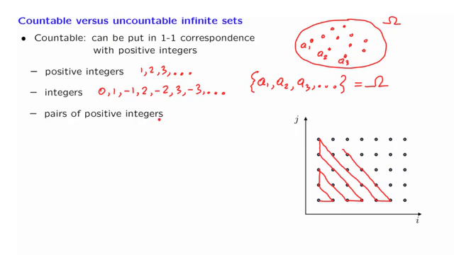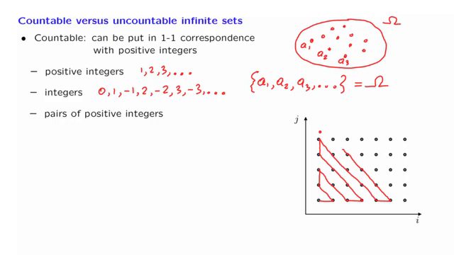And the same argument can be extended to argue for the set of all triples of positive integers, or the set of all quadruples of positive integers, and so on. This is actually not just a trivial mathematical point that we discuss for some curious reason, but it is because we will often have sample spaces that are of this kind, and it's important to know that they are countable.